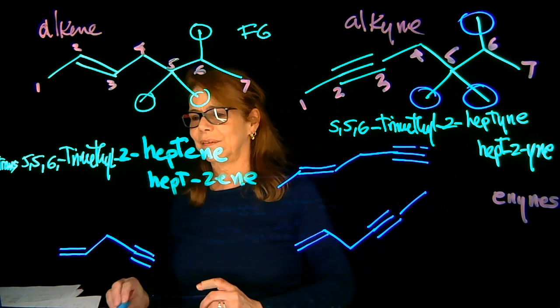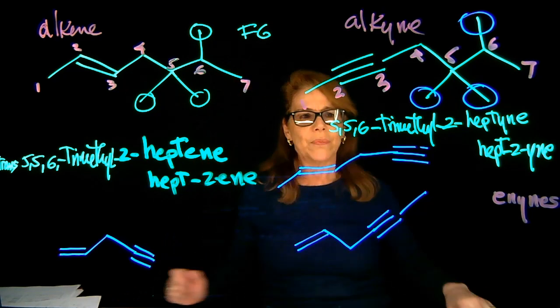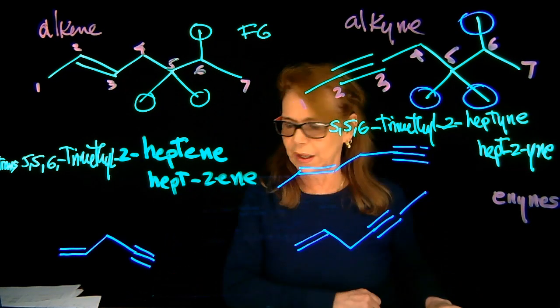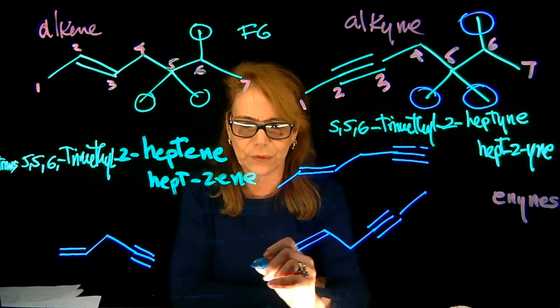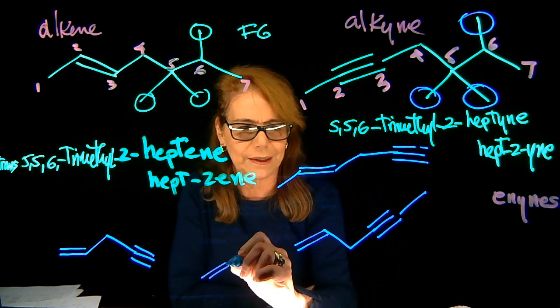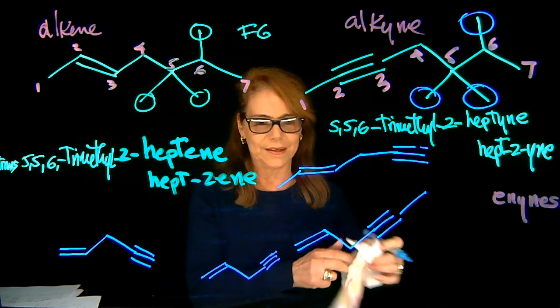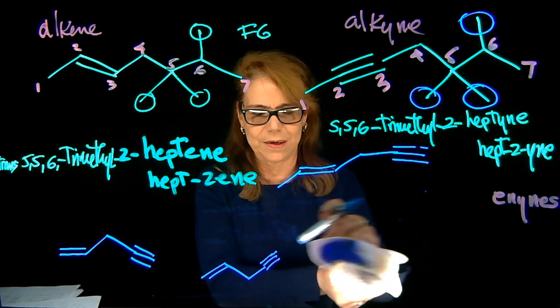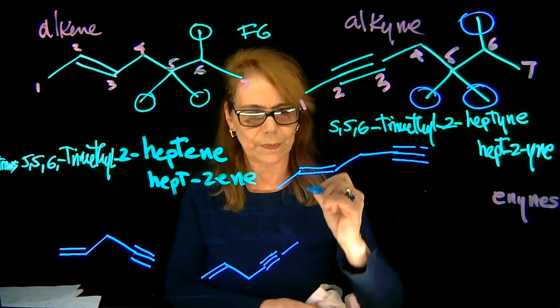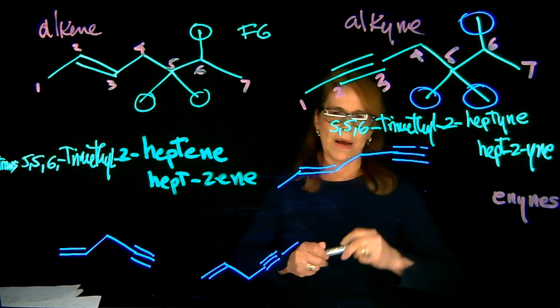I have several examples here. In the structure that I have above, I'm going to have to redraw that over again because I need to move over and keep writing my name.